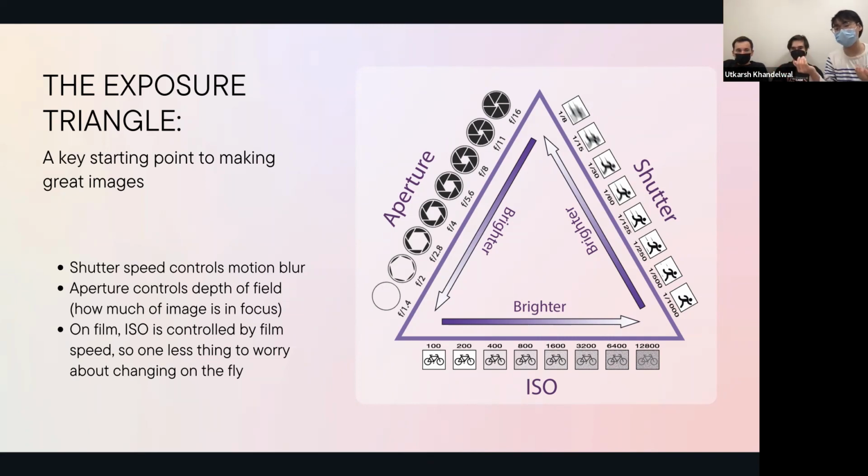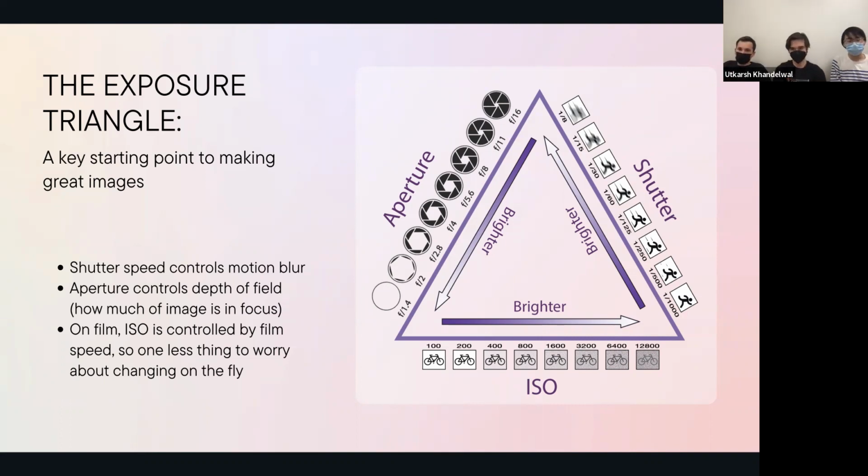Pair that with shutter speed, which is how long you let light in for, and you just want to balance the two numbers. So let's say you want a number 0. If you have +5 on one side, you want -5 on the other side to reach that 0. And this is basically what aperture and shutter speed do. You want to let in just the right amount of light to get your image properly exposed.